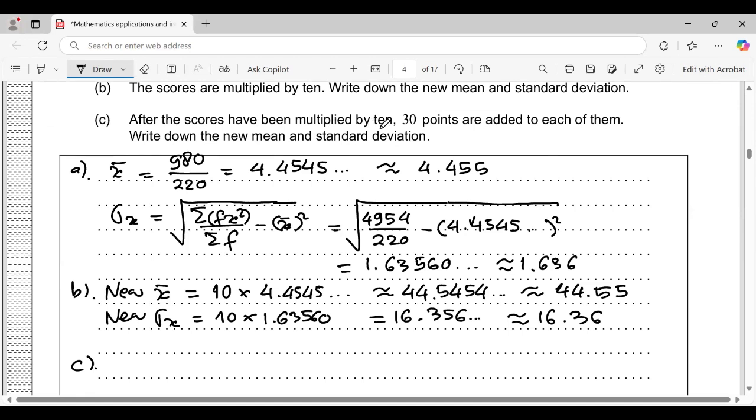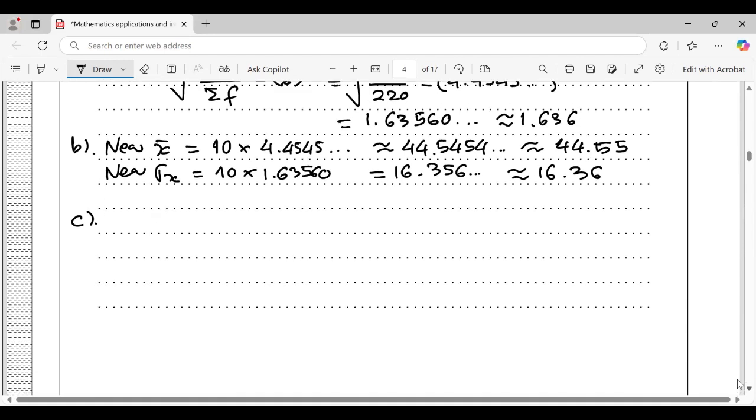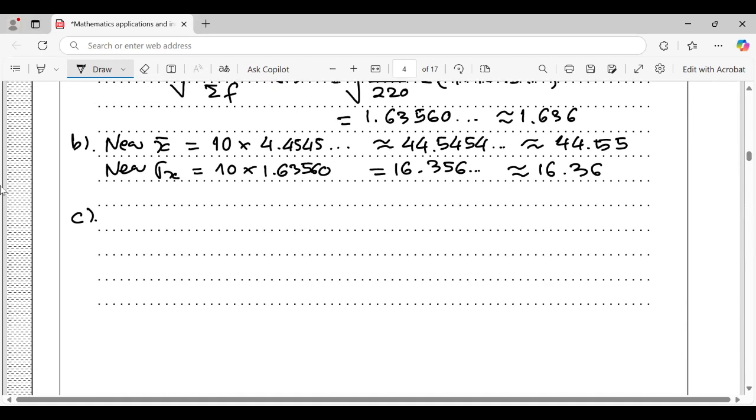See, question. After the scores have been multiplied by 10, 30 points are added to each of them. Write down the new mean and standard deviation. After multiplying by 10, add 30.